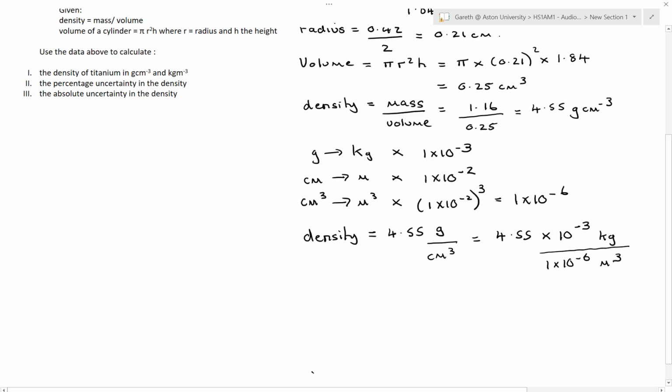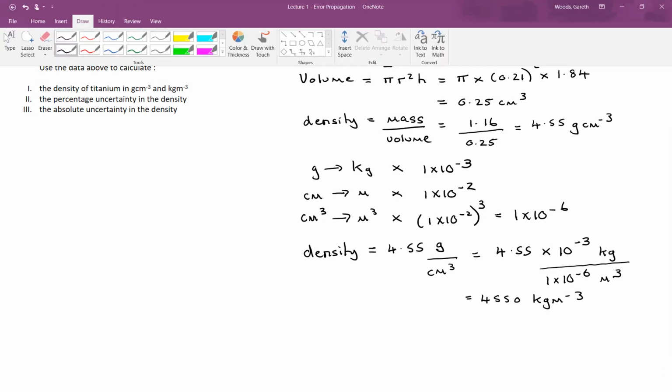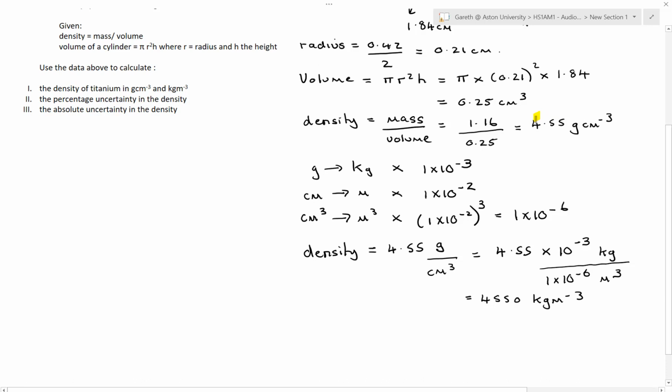So by subbing all of this into our calculator, 4.55 times 10 to the minus 3 divided by 1 times 10 to the minus 6, we'll get an answer of 4,550 kilograms per metre cubed. So we've actually found our density in both grams per centimetre cubed and in kilograms per metre cubed.